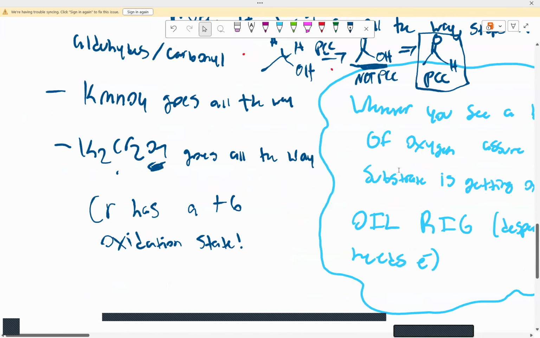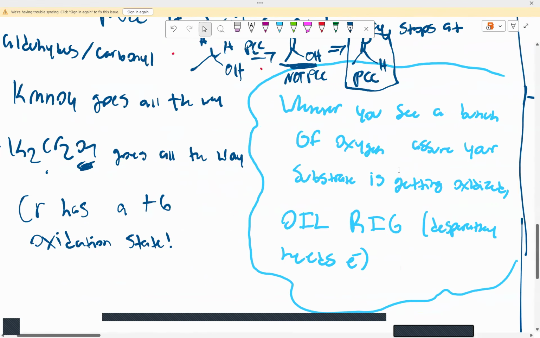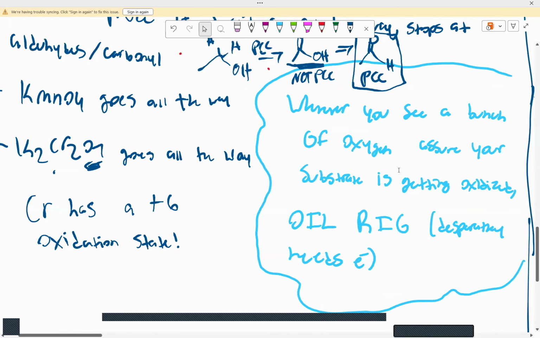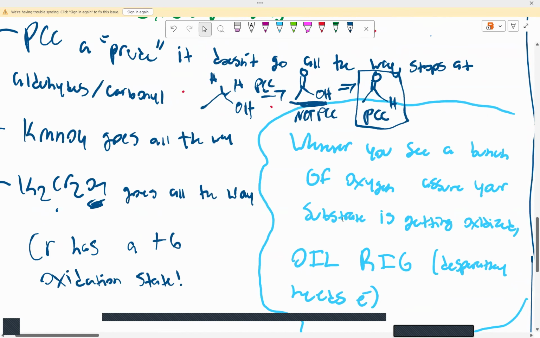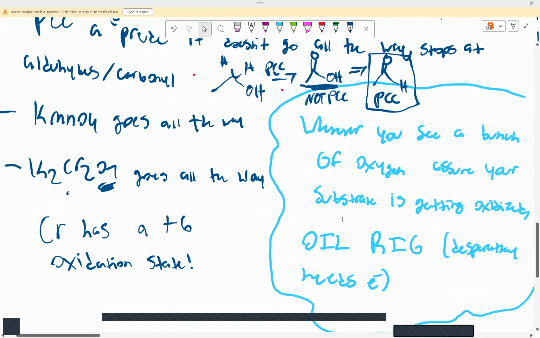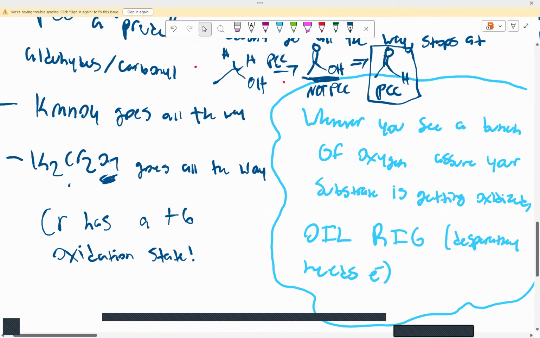And then KMnO4 also goes all the way, and K2Cr2O7 also goes all the way. So whenever you see a bunch of oxygens in a reagent, assume that the substrate it's reacting with will get oxidized, because that reagent typically will have a high oxidation state, so it'll often be paired with a metal.